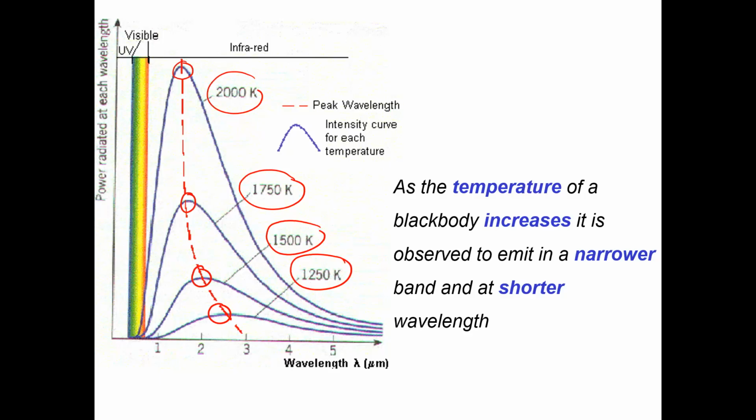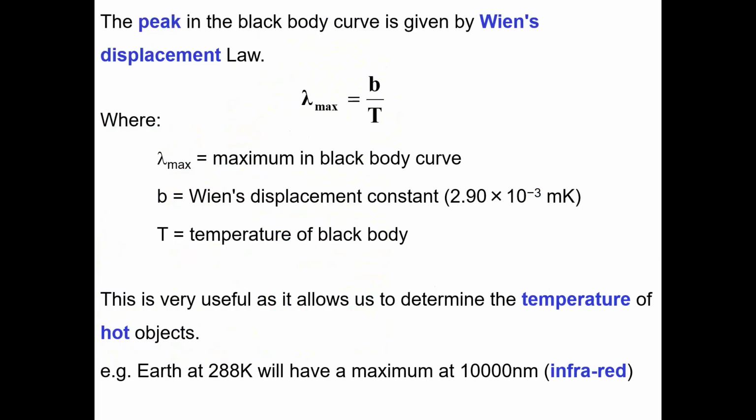Now, a guy called Wien was able to find an equation that tells you where the peak in the black body curve will be. So the wavelength of maximum emission is equal to B, which is a constant, divided by the temperature of the black body.